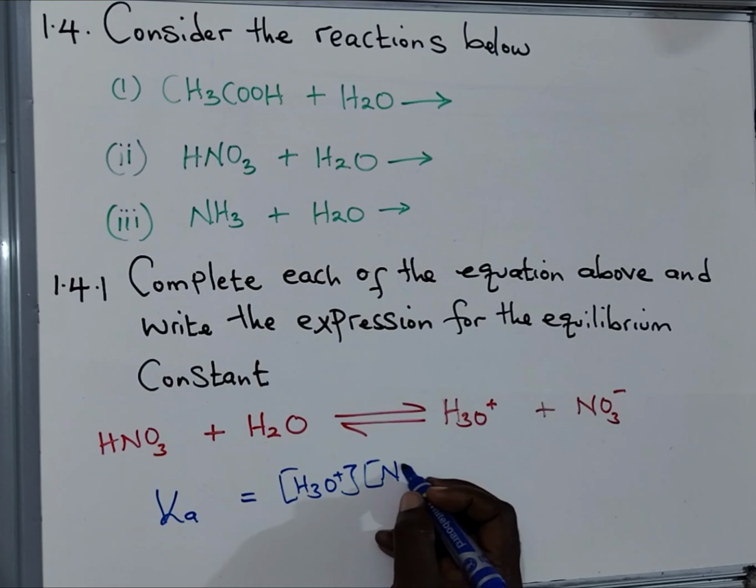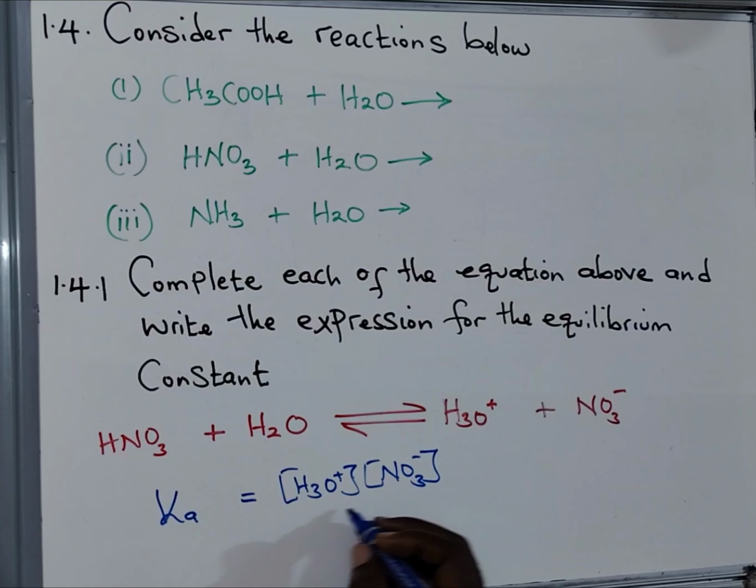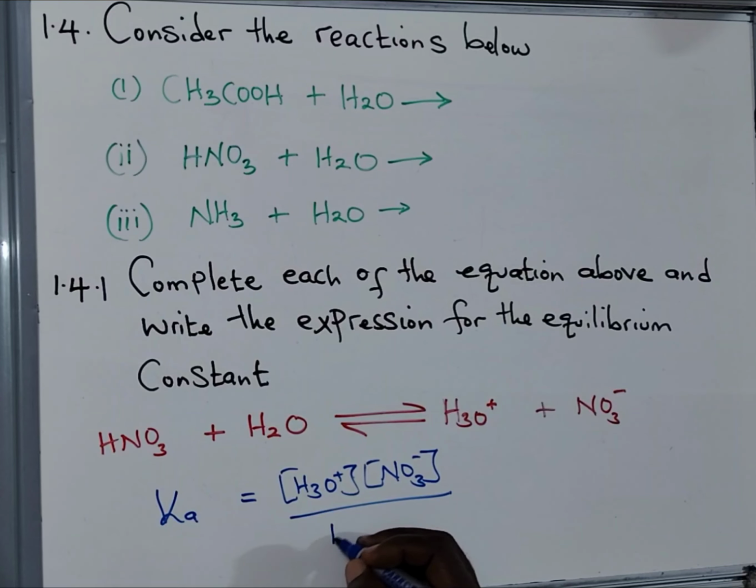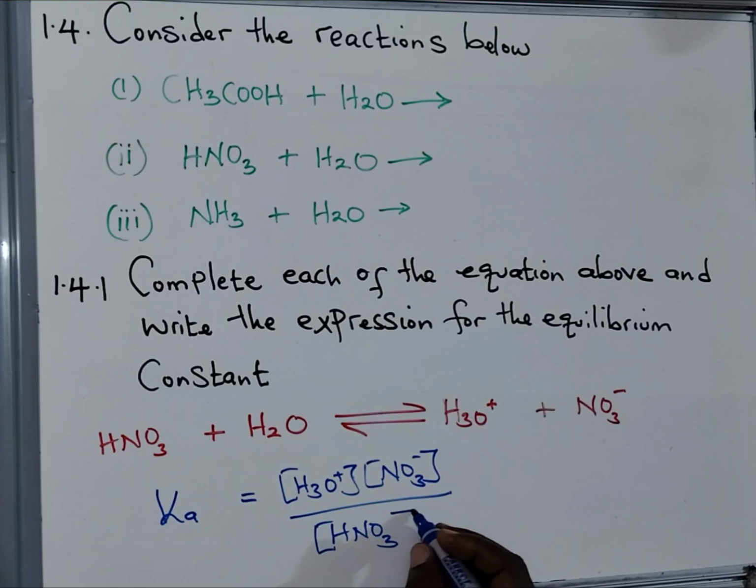So that's what we have over the reactants. But like we said before, we don't put water. It has not undergone change. The change is so small that it is insignificant. So we are going to have nitric acid as that. So this is the expression of the acid dissociation constant.